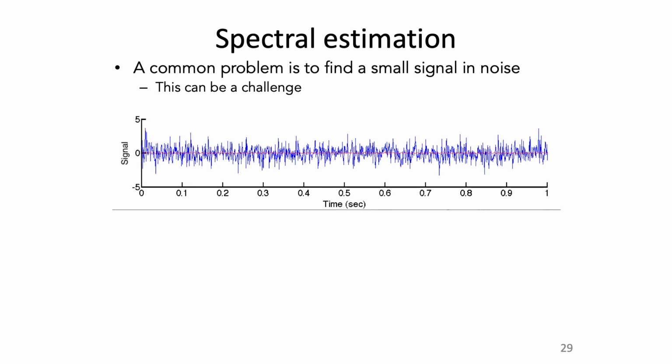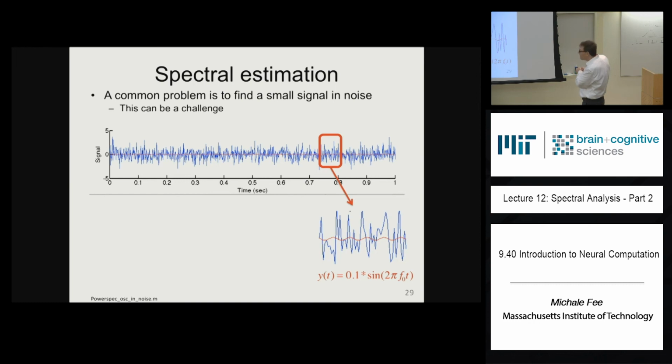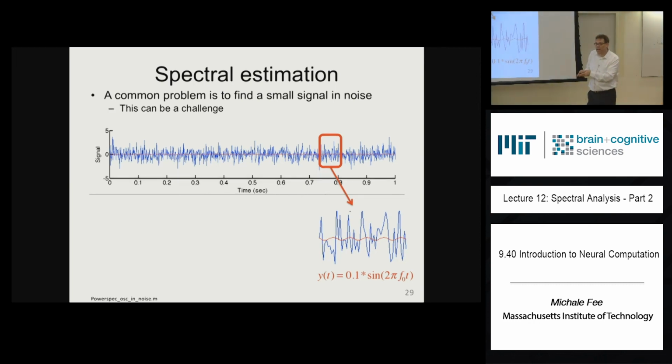And I'm just going to show you one example. This blue function here is noise plus a little bit of a sine wave at, I think it's 10 hertz. Okay? Anyway, I didn't write down the frequency. But the blue function here is noise plus the red function. So you can see the red function is small, and it's buried in the noise so that you can't see it.